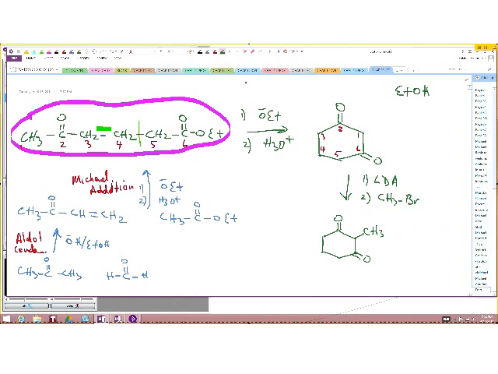Okay, now we have made this. Now everybody knows how we made this, right, starting from those small molecules. Now let us take this ketone here. You got this?